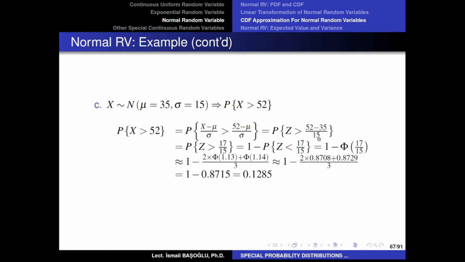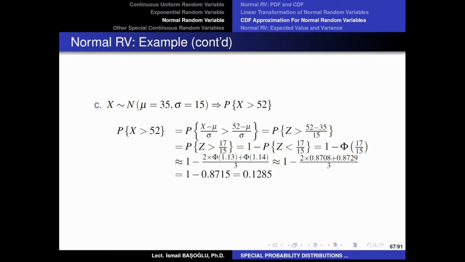The right-hand side becomes (52 minus 35)/15, so the probability of Z being greater than 17/15, which is 1 minus the cumulative probability at 17/15, that is 1 minus phi at 17/15. Again, at 17/15, you need to apply a linear approximation, because 17/15 is a number which has infinitely many digits after the decimal point. And in that case, you are going to get your result as 0.1285.